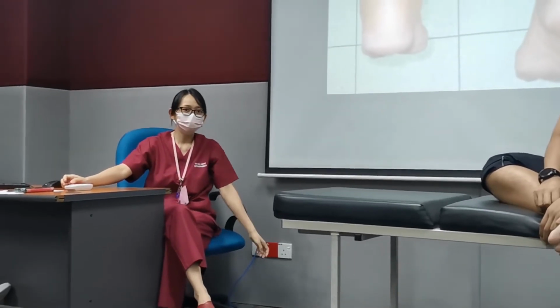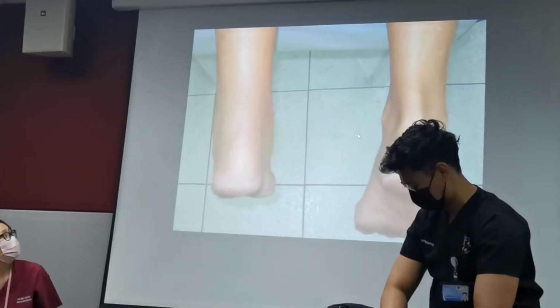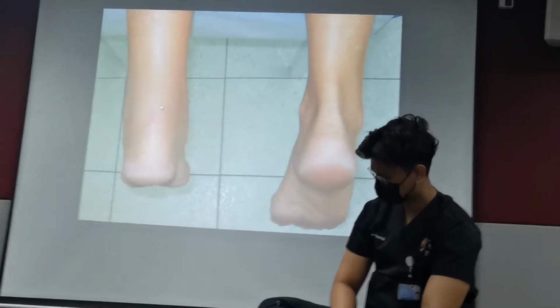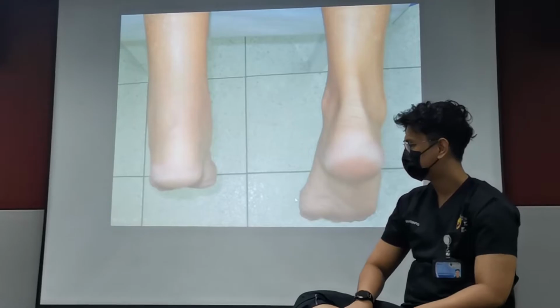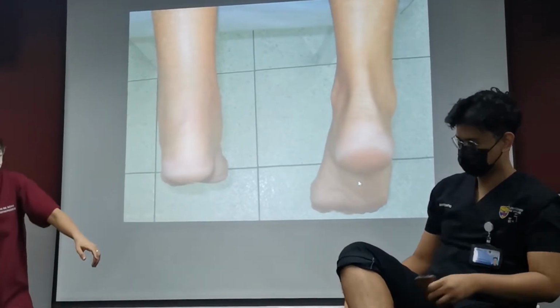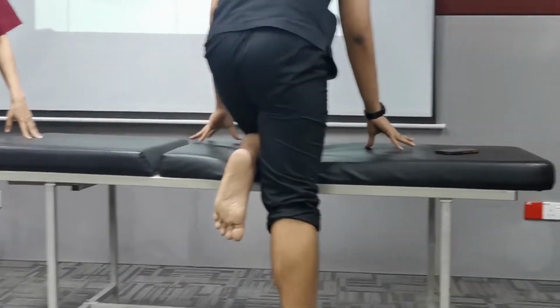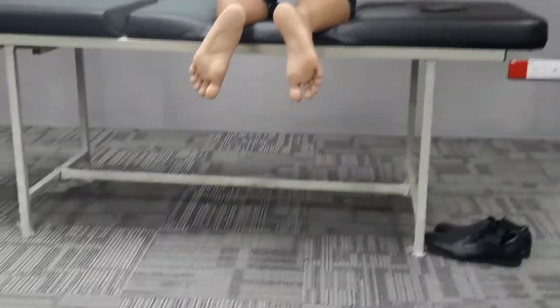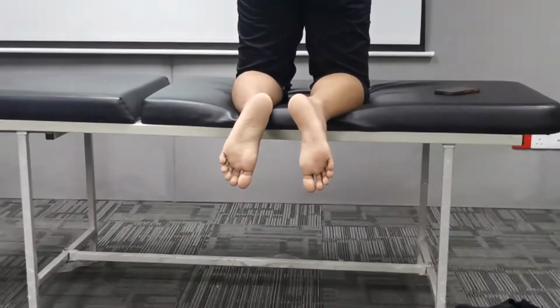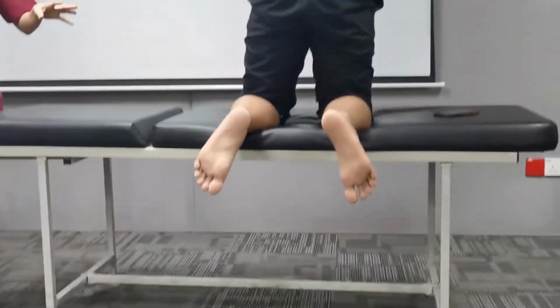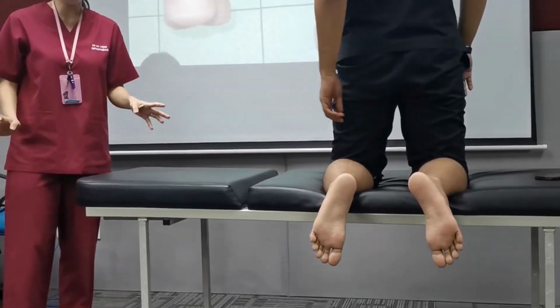It's very sad. Okay? So you can see loss of the normal tendon architecture. You can see the foot is not as plantar flexed. When you are in a relaxed position, the foot is more plantar flexed, because our plantar flexors are stronger than our dorsiflexors.